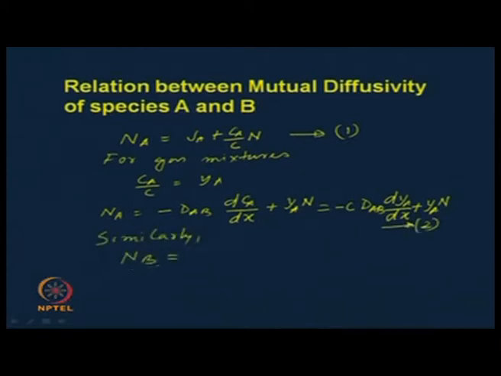Similarly, we can write N B is equal to minus C D B A d Y B d x plus Y B into N. N is the total flux.